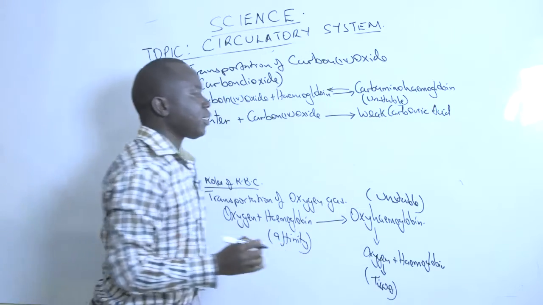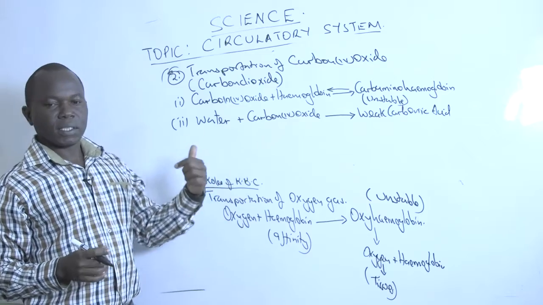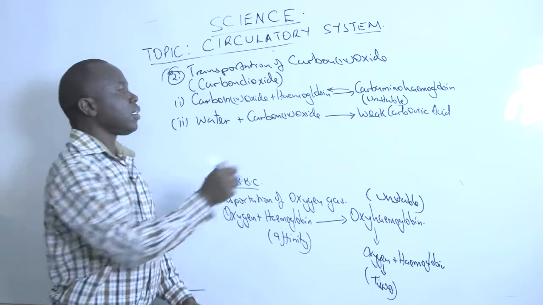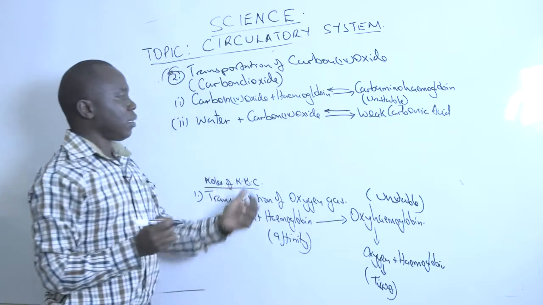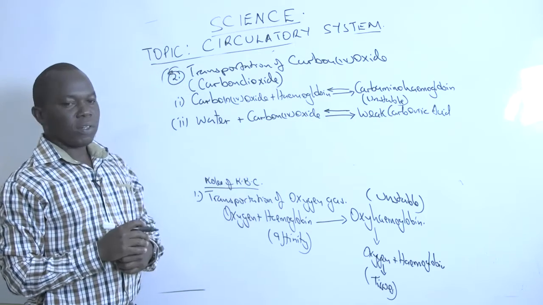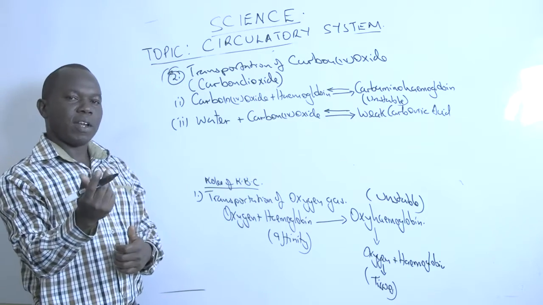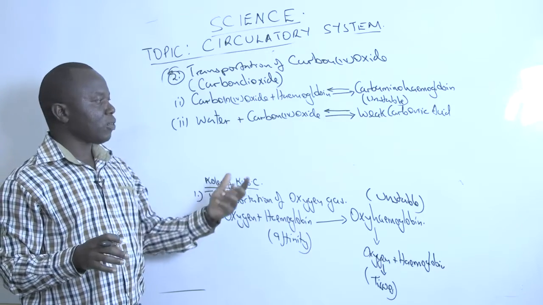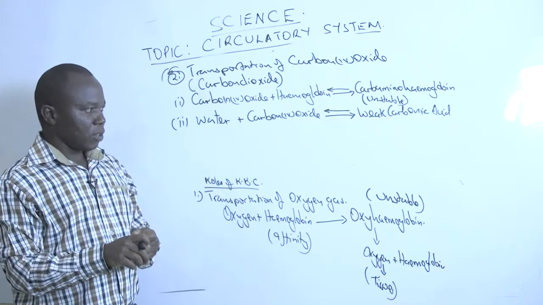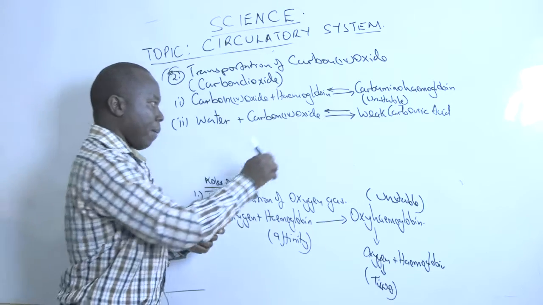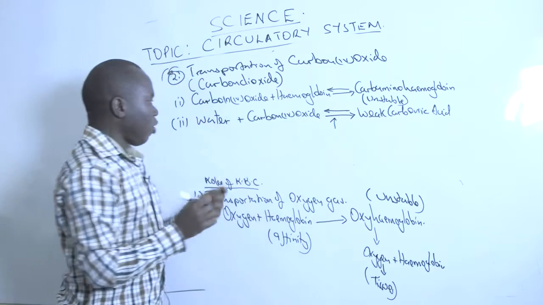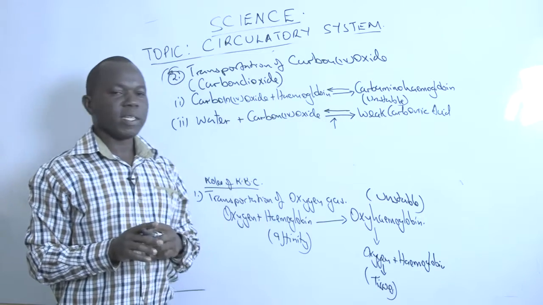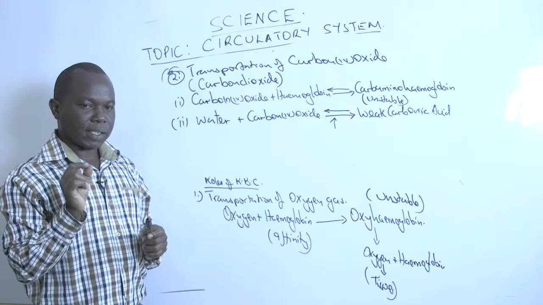This weak carbonic acid, again, when it reaches the blood capillaries in the lungs, dissociates, letting out carbon dioxide that will diffuse from the blood capillaries into the alveoli and be taken out through exhalation. But this process of water combining with carbon dioxide to form weak carbonic acid requires a catalyst.